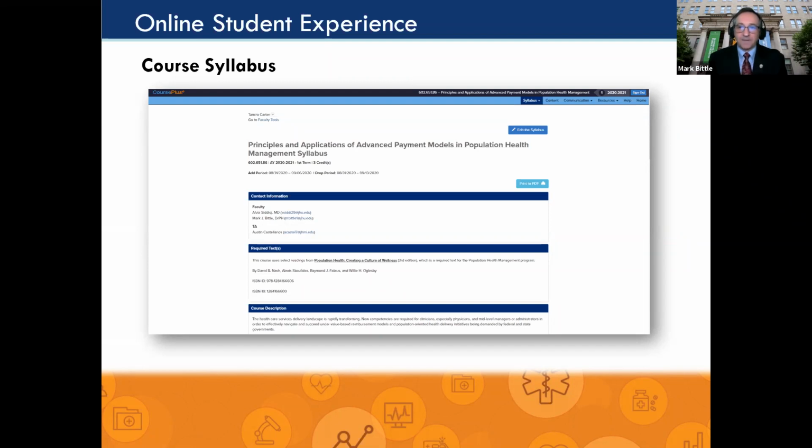You can see the tabs across the top right there. The syllabus is in the dark blue, and then you see content to the right of that, communication, resources, help. There's a help button. So each of those allows us as faculty to organize things, and allows you as students to easily and efficiently find what you need to do.